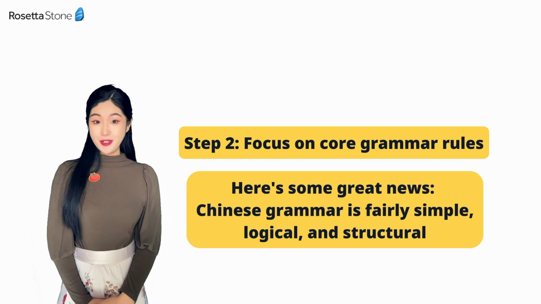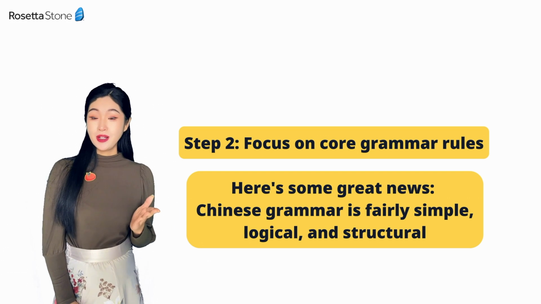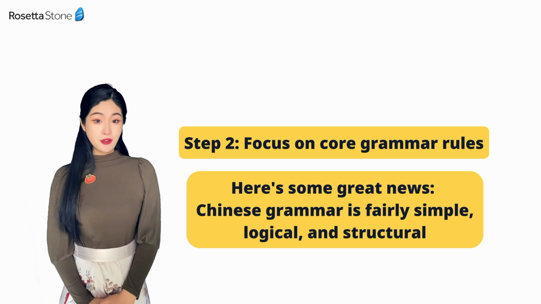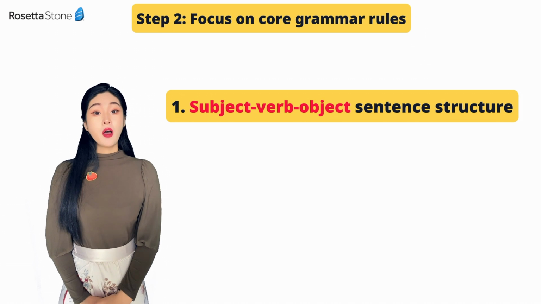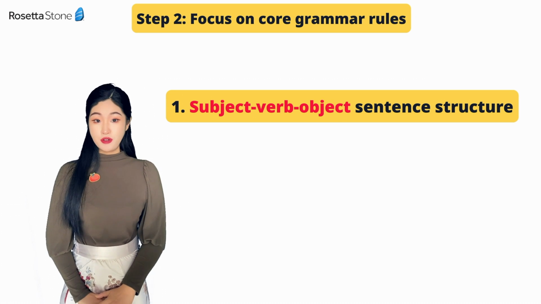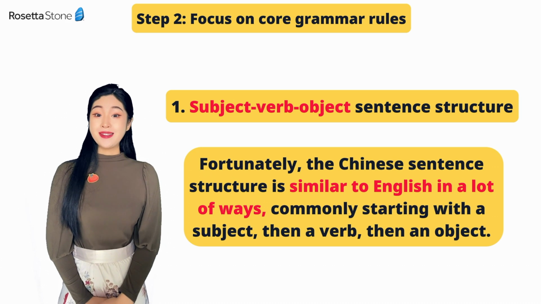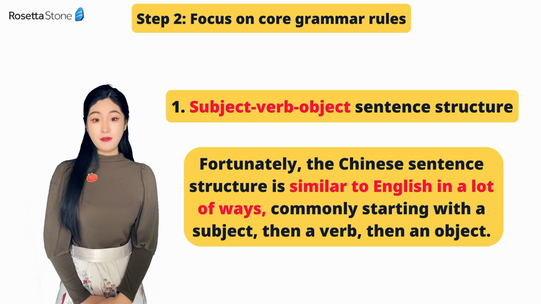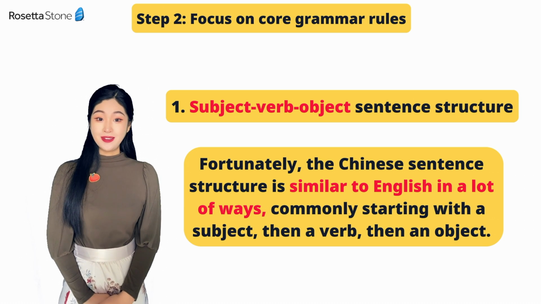Here's some great news. Chinese grammar is fairly simple, logical, and structural. 1. Subject, verb, object, sentence structure. Fortunately, the Chinese sentence structure is similar to English in a lot of ways, commonly starting with a subject, then a verb, then an object.